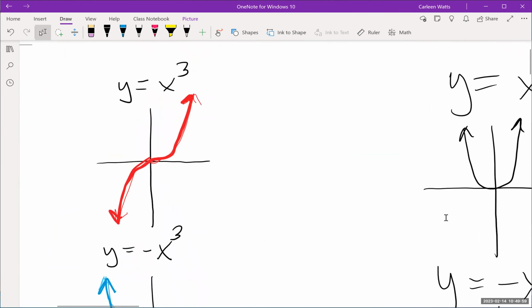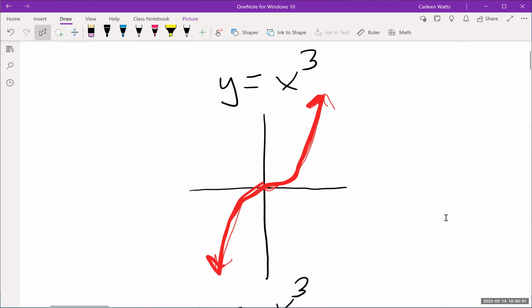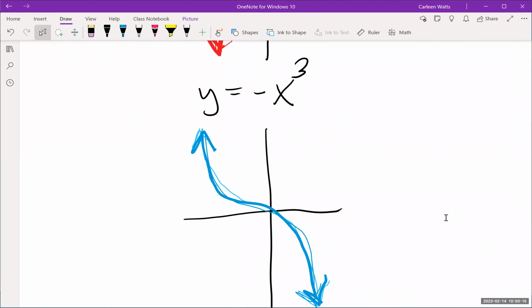Exponent of 3. Yeah, you take the parabola, the positives go up, the negatives go down. If I put a negative in front of the exponent of 3, it flips it. Negatives go up, positives go down. Hopefully this is familiar.